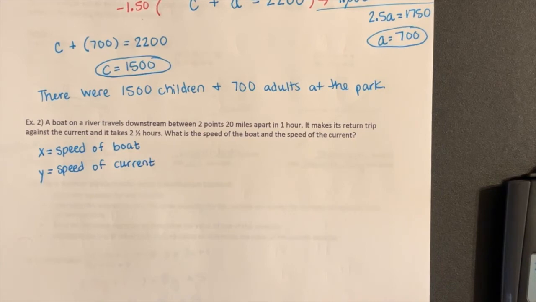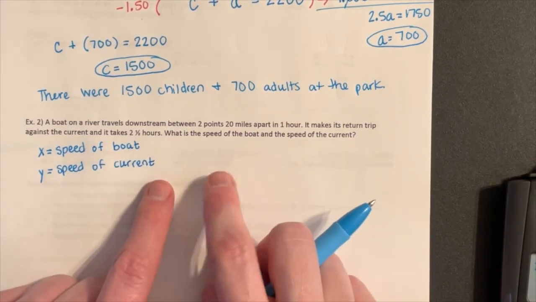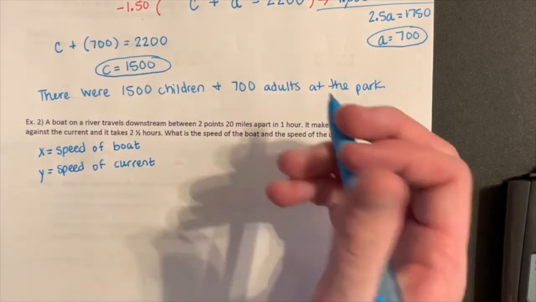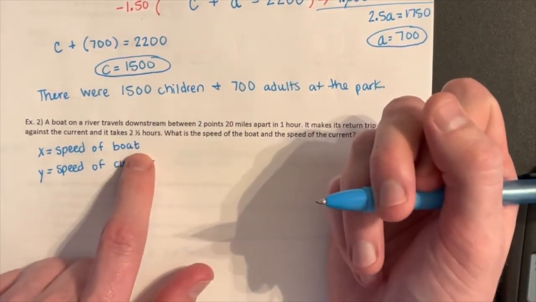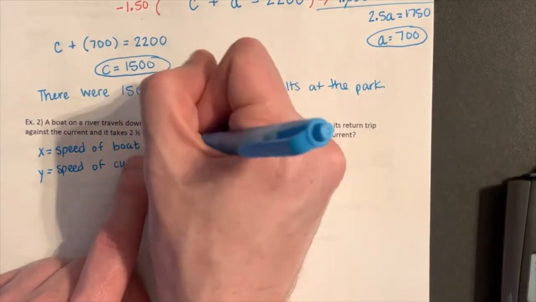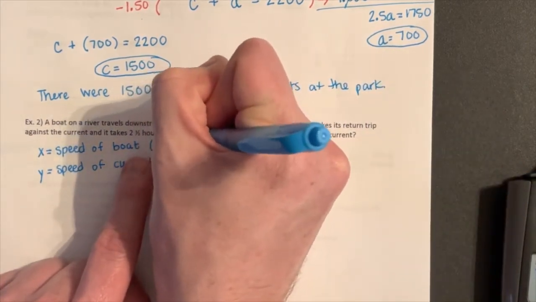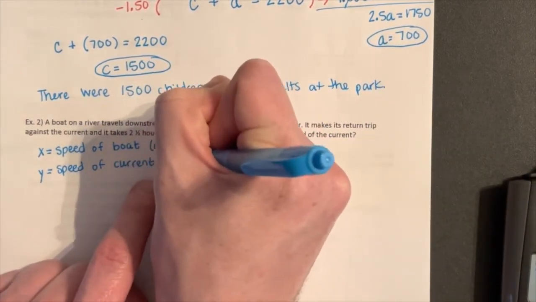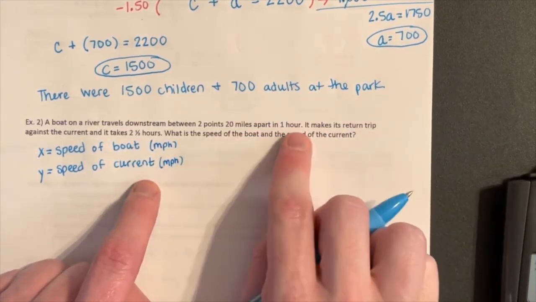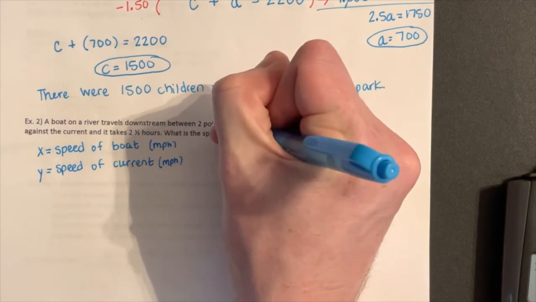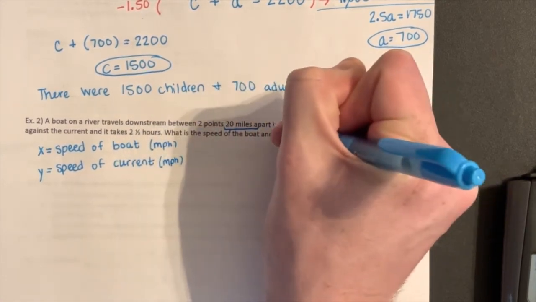Now these problems can be tricky. I remember I used to hate these until I learned that there was a way to organize it a little bit better. But what we see is this speed is a rate. In our case, it's miles per hour. Since we're traveling 20 miles in 1 hour, we can use our rate.